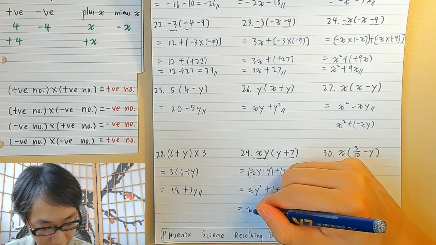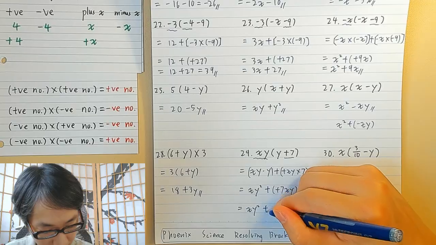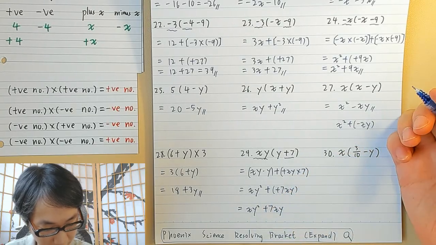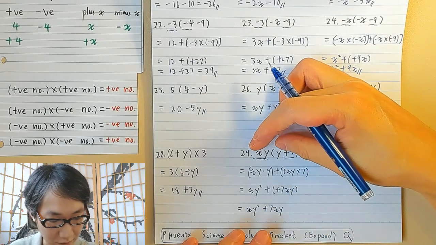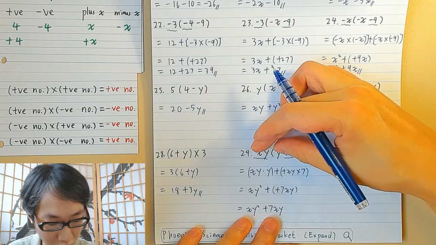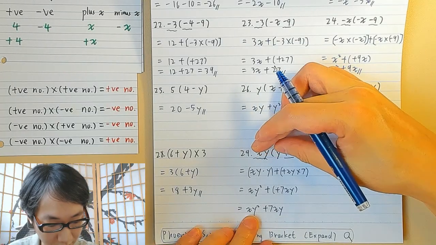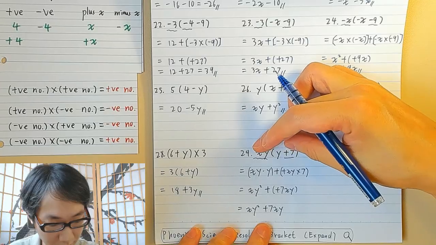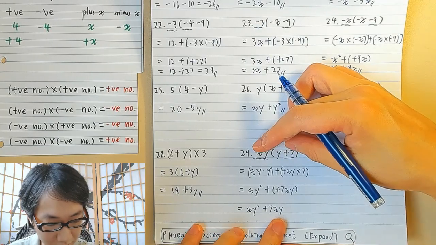So we have xy squared. We can skip steps here. First term xy squared plus, second term is plus 7xy. Okay.